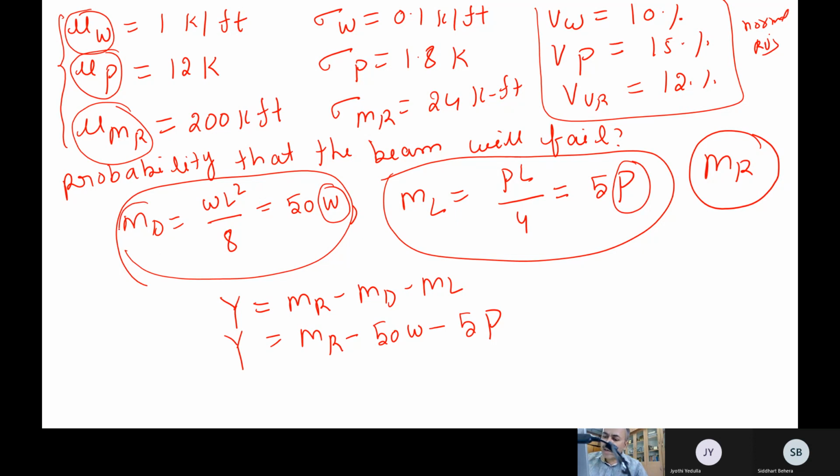Now what type of random variable will be MD and ML? They are normal. Why will they be normal? What type of transformation is this? How does MD depend on W, or how does a bending moment depend on the load?